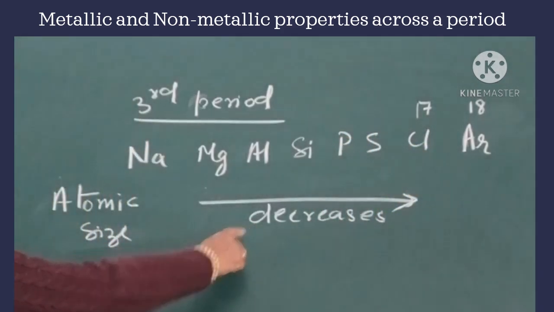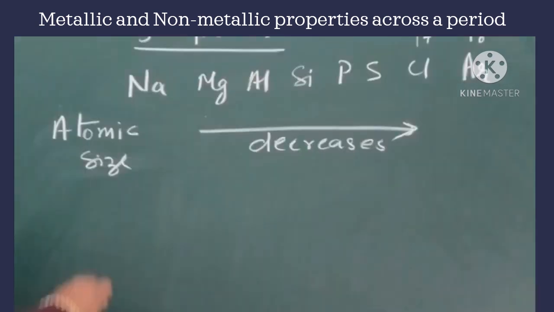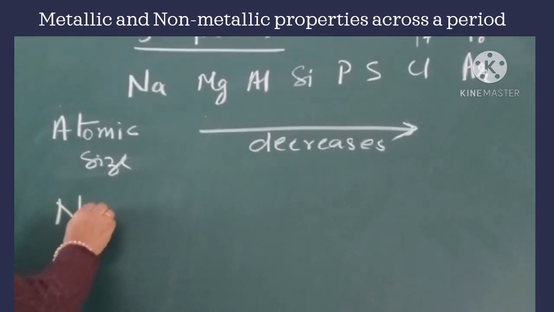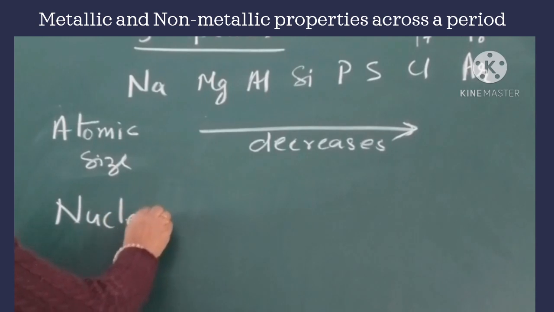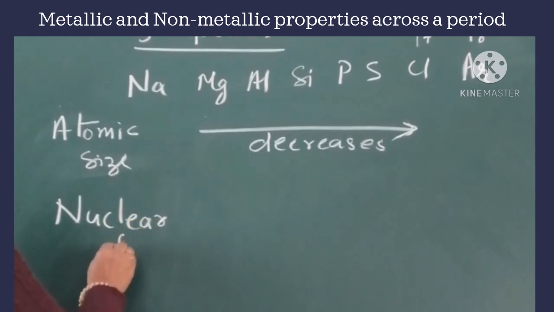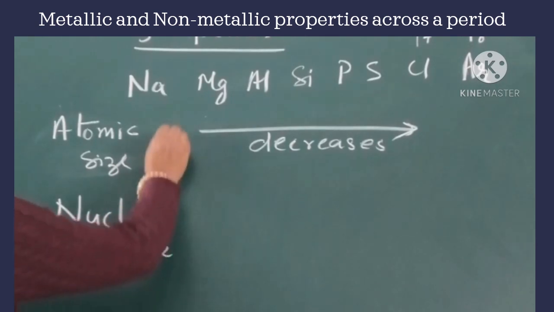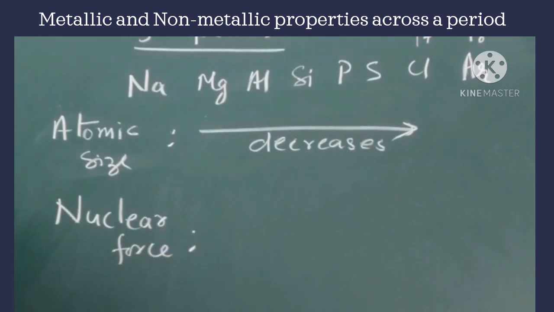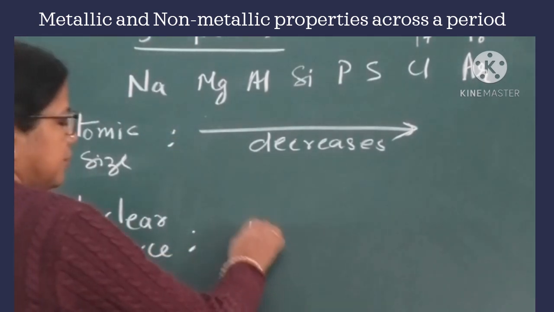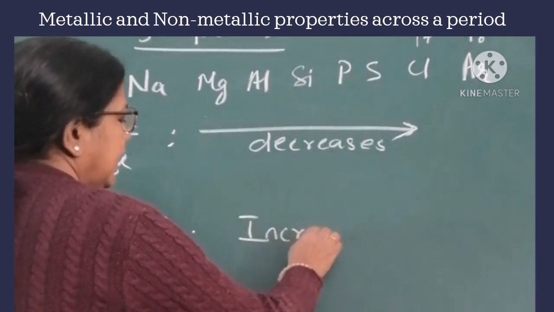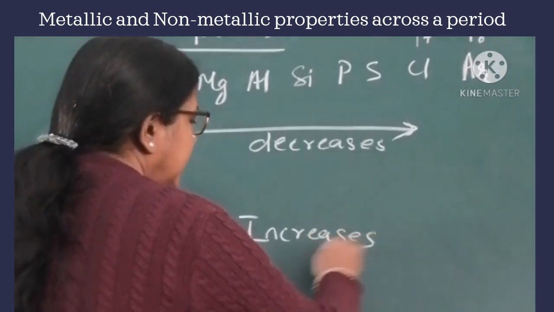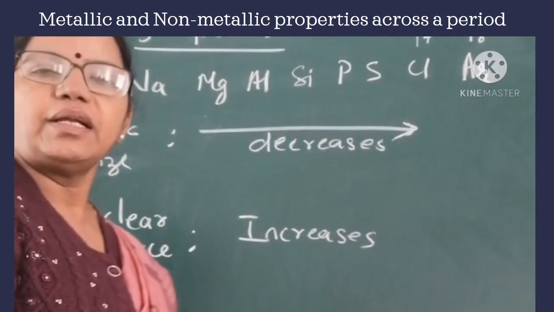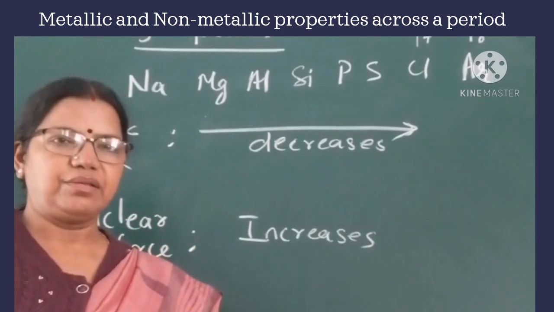Now, as the atomic size decreases, the nuclear force will increase or decrease? The nuclear force increases. That means the atoms get electrons more easily.